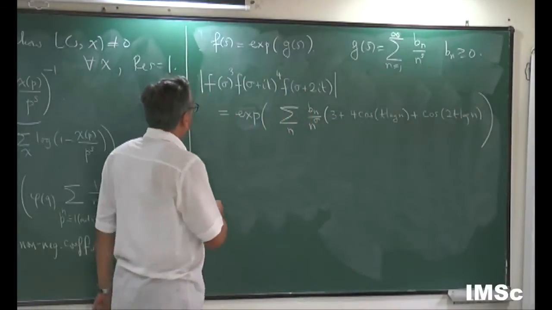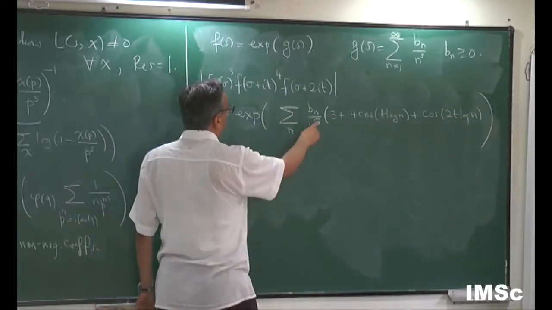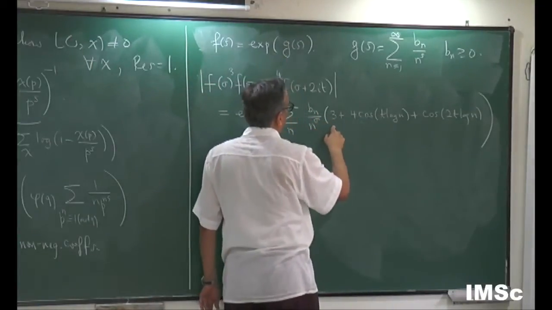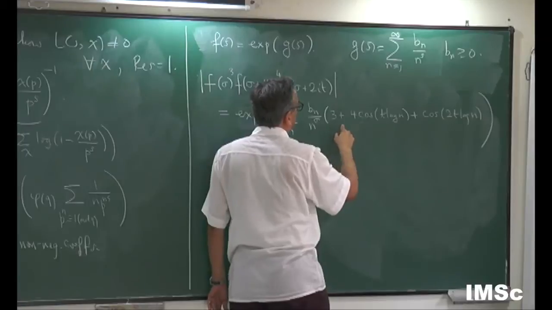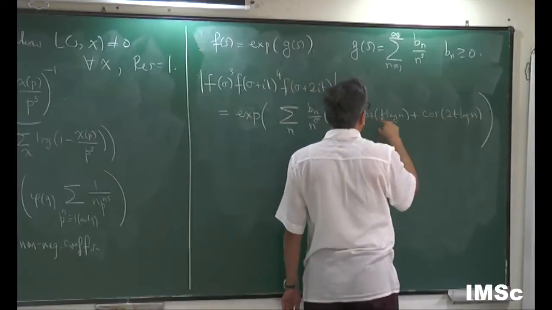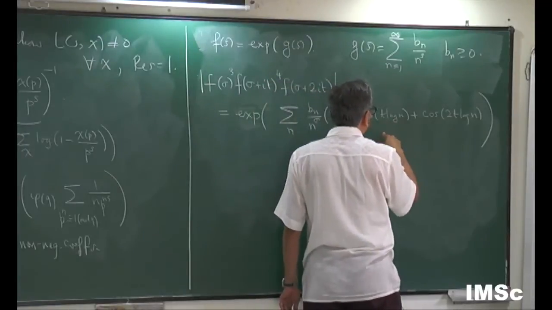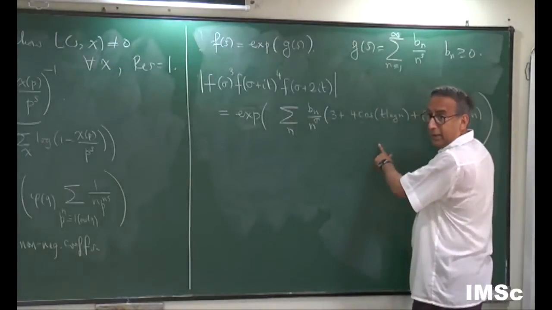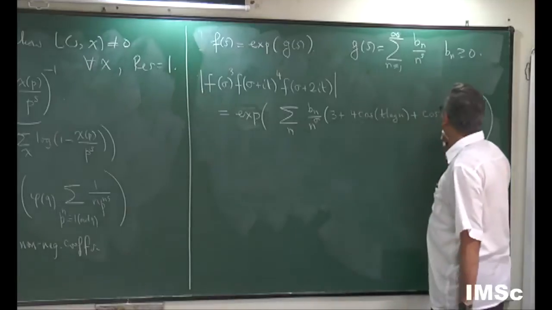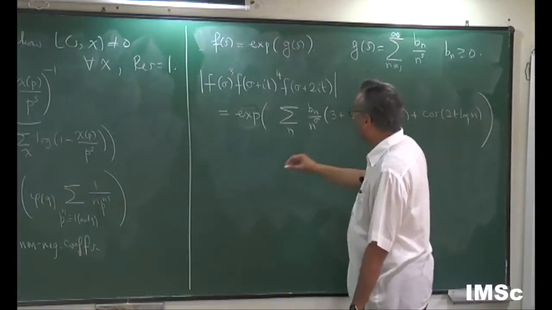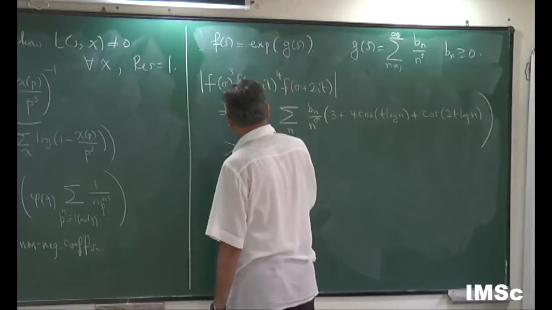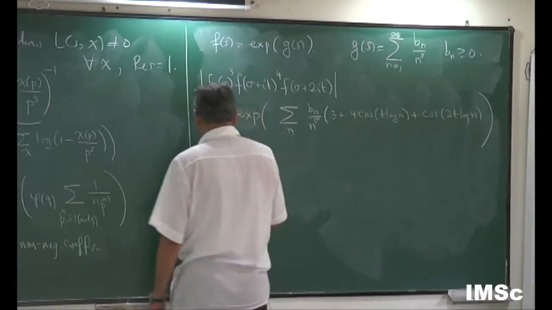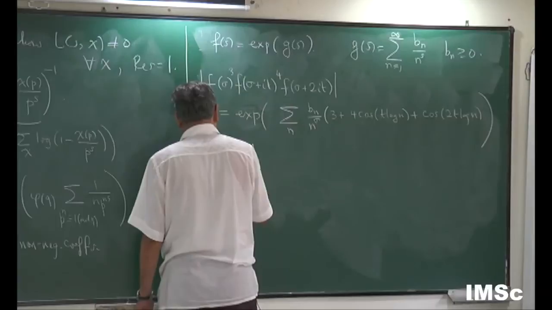So if I were to have put this thing in here, it would have been 4 over n to the it, and so I'm just taking the real parts, and this is what you end up getting. Okay, so now this is non-negative, therefore the whole point is that this is bigger than or equal to 1.